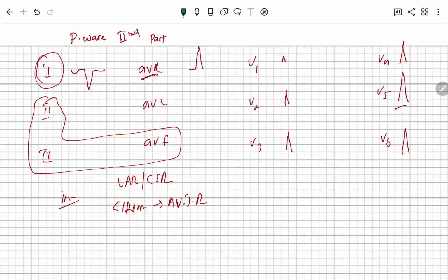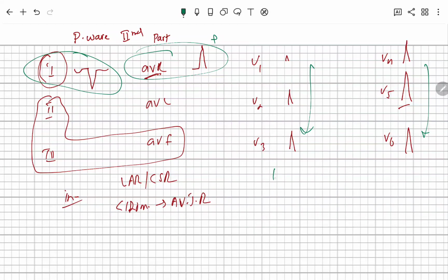If we find the inverted P wave in lead V1, lead 1, and AVR having positive deflection, and there is normal progression of R wave, this condition is seen with limb lead reversal.